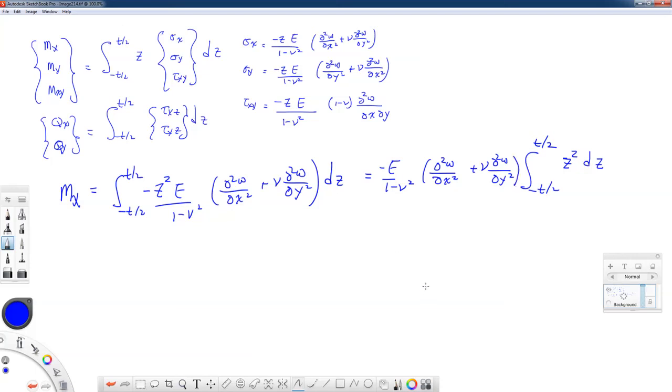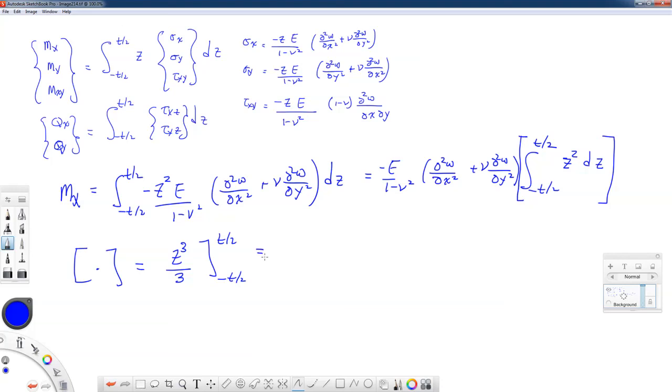And when we integrate z squared, we get z cubed. Okay, so let's just look at this term. It's going to be divided by 3 and evaluated from minus t over 2 to plus t over 2.